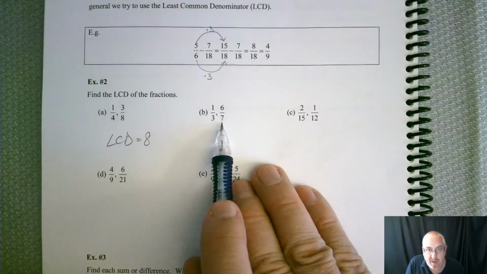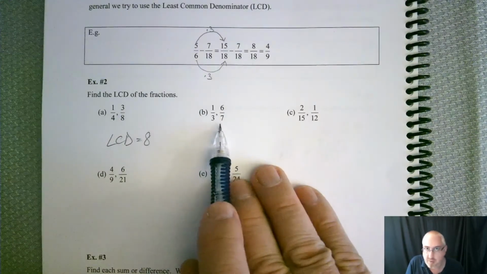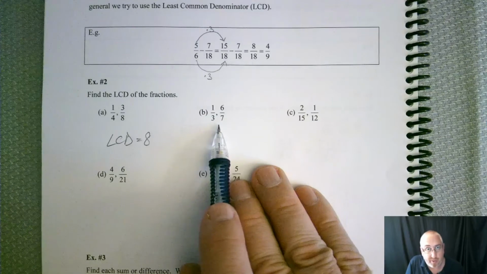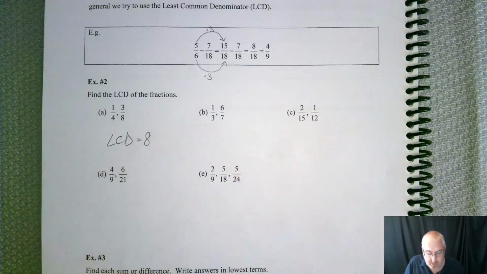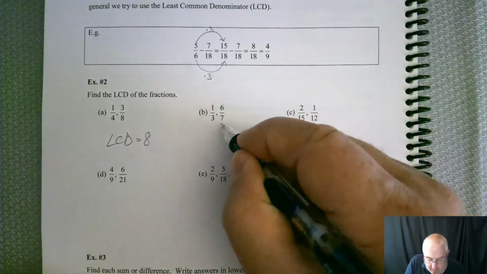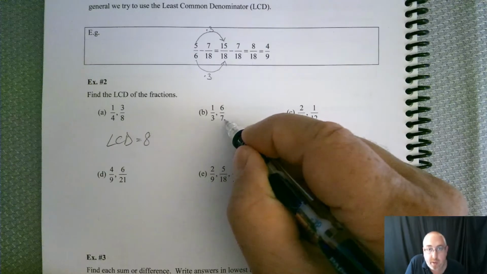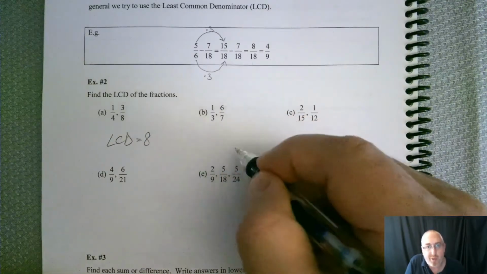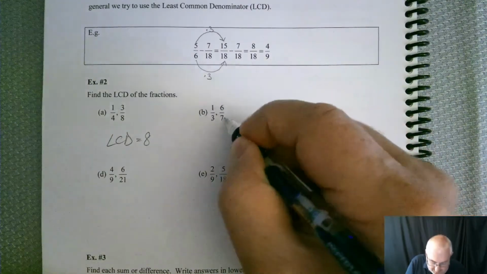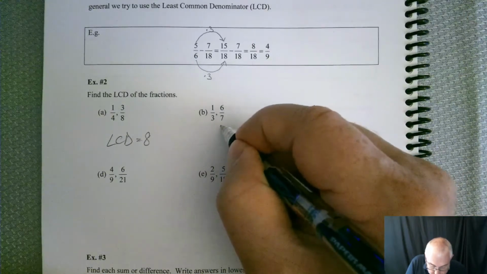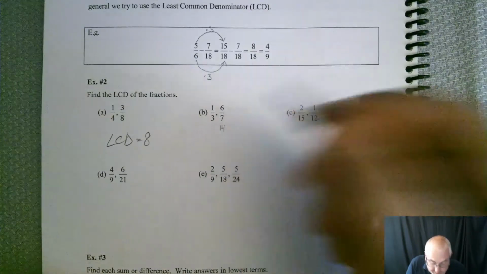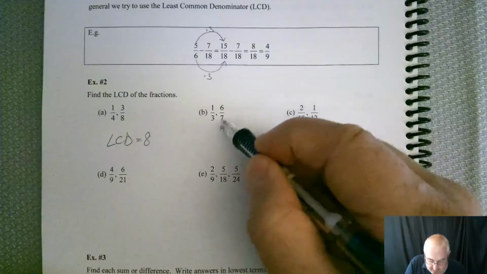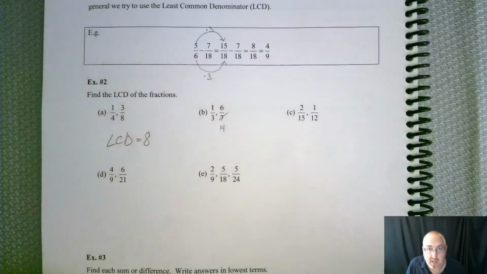So what happens when it doesn't occur? 3 and 7. Well, 3 doesn't go into 7 evenly. So what do we do? Well, here's my little trick. I take multiples of the larger one and see when the smaller one goes in. So 7 times 2, or 7 plus 7, is 14. Because, like I said, 7 doesn't work, so we can cross it out.